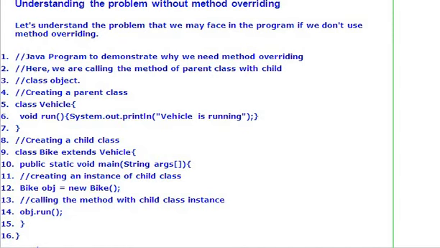Using the derived class object, we can call the methods in the base class. So there is no overriding here, as we have the method run only in the parent class.